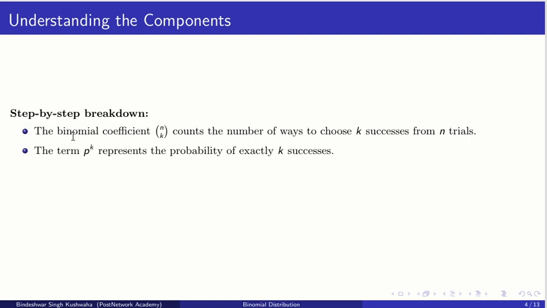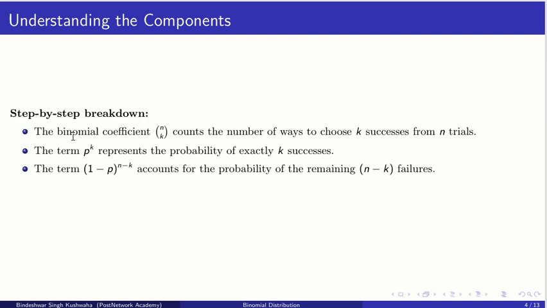The term p^k represents the probability of exactly k successes, and the term (1 minus p)^(n minus k) accounts for the probability of the remaining n minus k failures. So you can see that there are k successes and n minus k remaining failures.